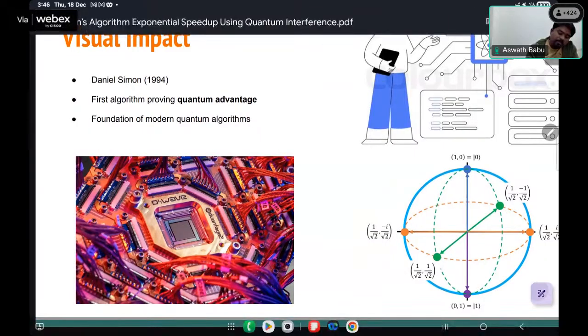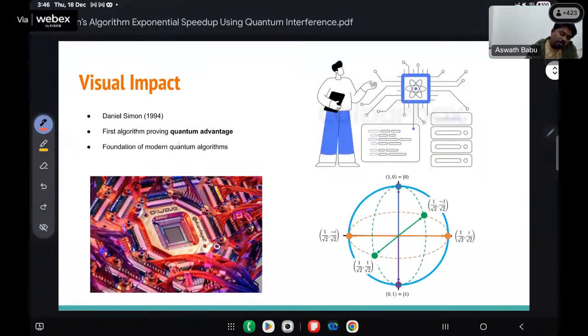Very nice. In a way it gave a foundation for modern quantum algorithms. There are some facts about Simon's algorithm. It demonstrated an exponential speedup, between classical and quantum.